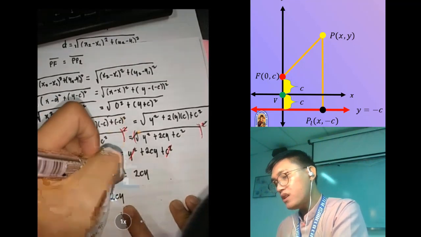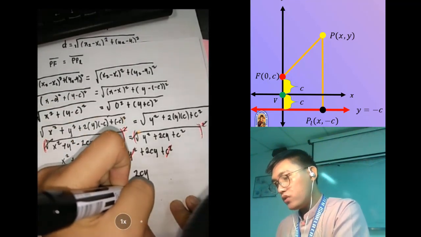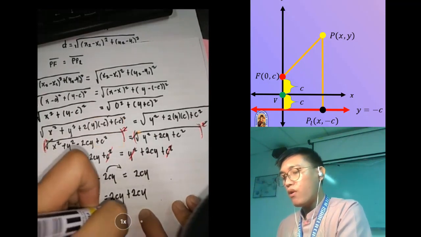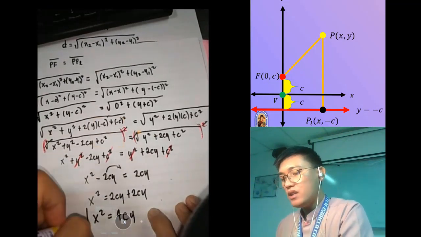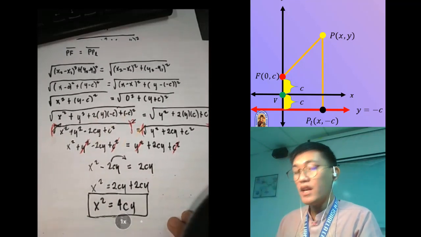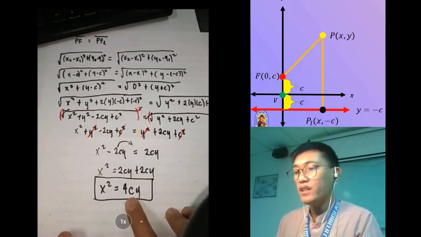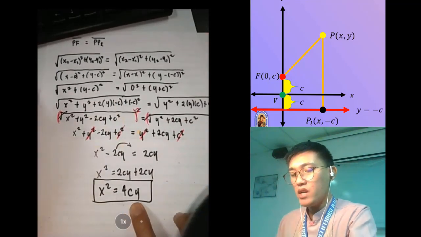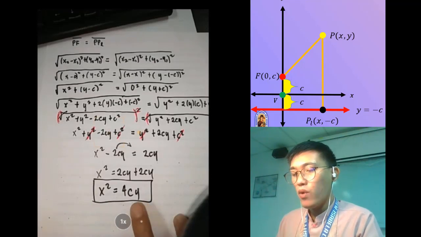We'll move this positive 2cy, then combine them together. X squared is equal to 4cy. This is now our standard equation of the parabola with the vertex at the origin. X squared is equal to 4cy.